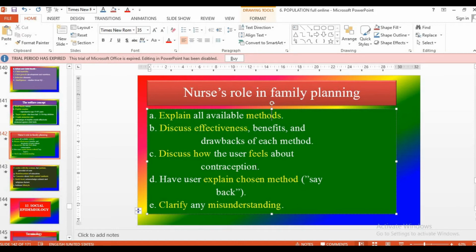E, clarify misunderstandings. There is a lot of misunderstanding among couples, in urban areas and rural areas. We nurses are responsible for explaining each method and clarifying, to enhance the well-being of families, mothers and children.